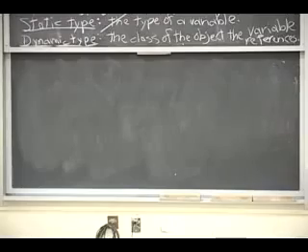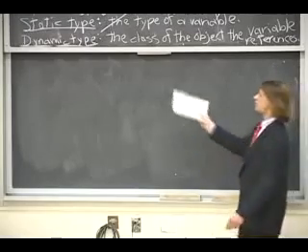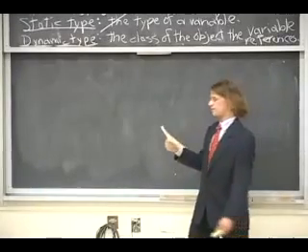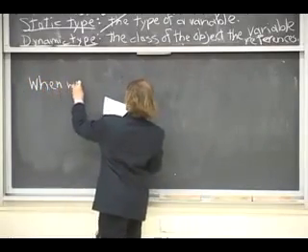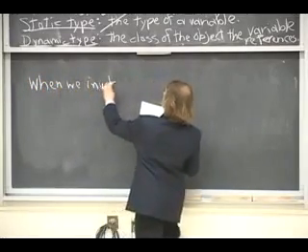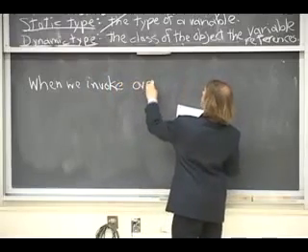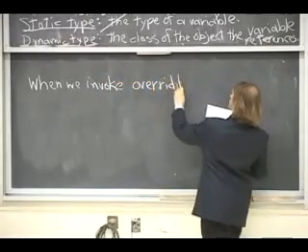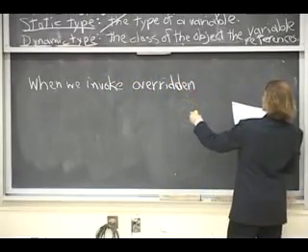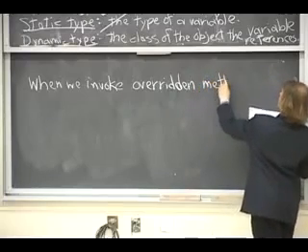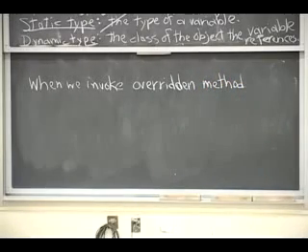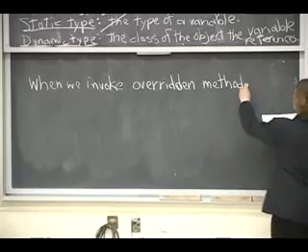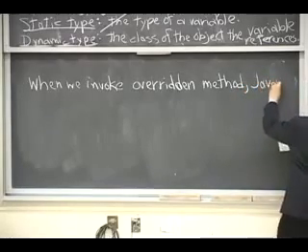All right, let me tell you what dynamic method lookup is now that we know what a static type and dynamic type is. When we invoke a method that has more than one implementation, a superclass implementation and a subclass implementation that overrides it, or for short, when we invoke an overridden method, which one does Java call?